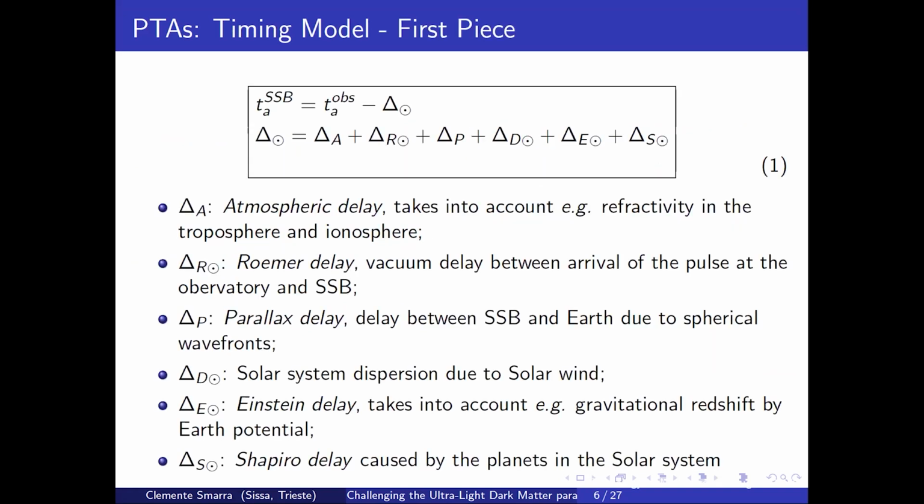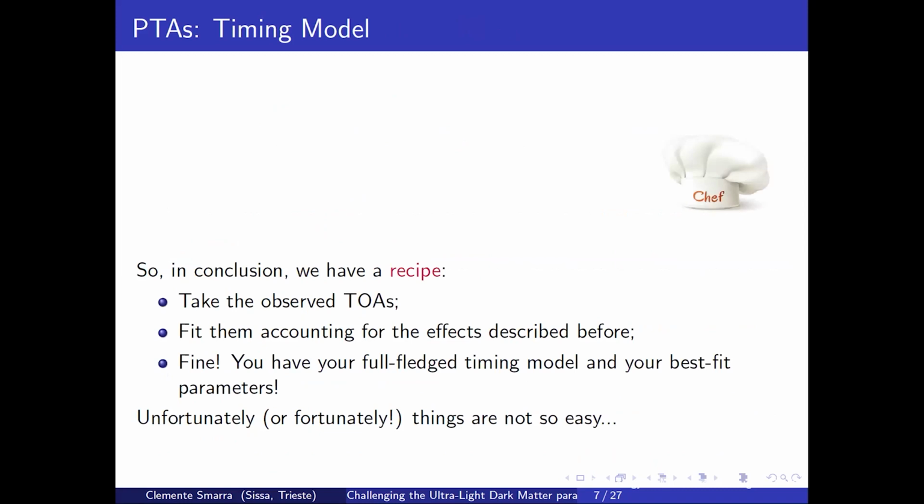And just so that you can see how difficult it can be, just to relate the time of arrival at the observatory to the time of arrival at the solar system barycenter, you need to account for lots of terms. You have atmospheric delays, Romer delays, parallax delays, and a lot of other delays, which I don't want to delve into, but I just want you to understand that it is really a challenge to relate the time of arrival at the observatory to the time of emission at the pulsar.